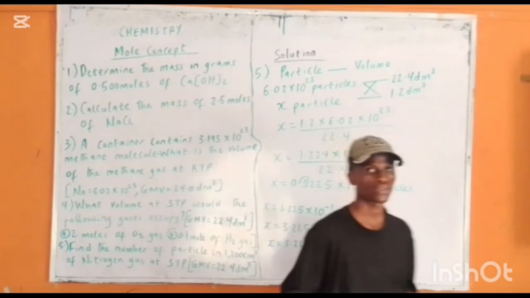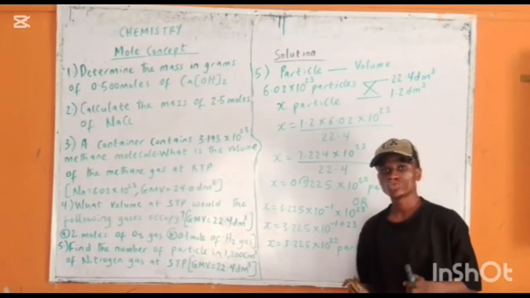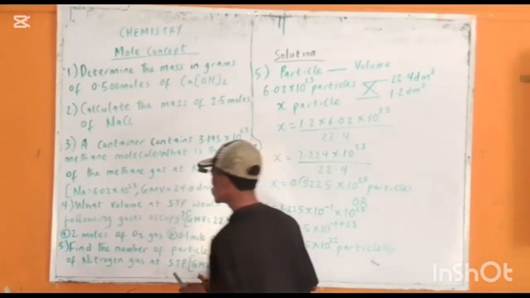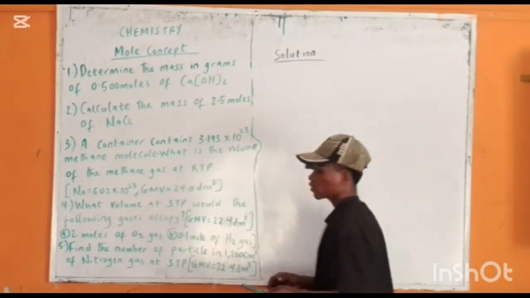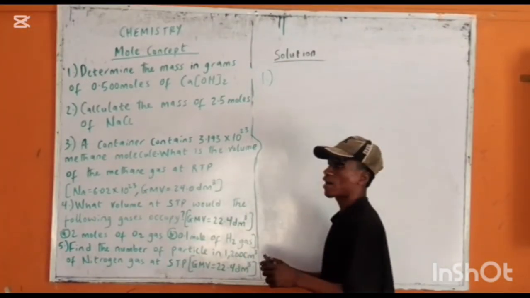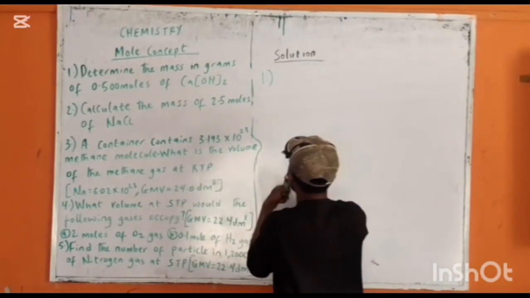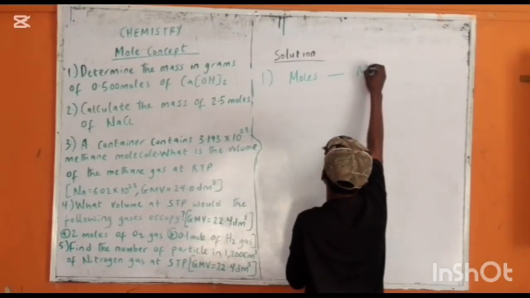So that is that for these questions here. So now let me do a little bit of revision. So now for number 1, I related what and what? I related moles and mass.